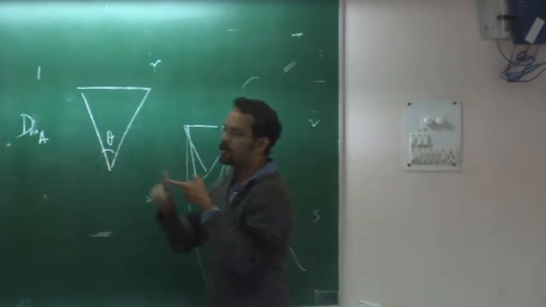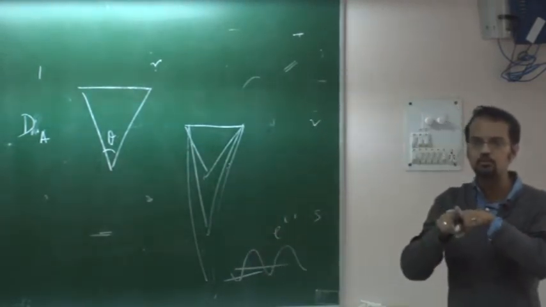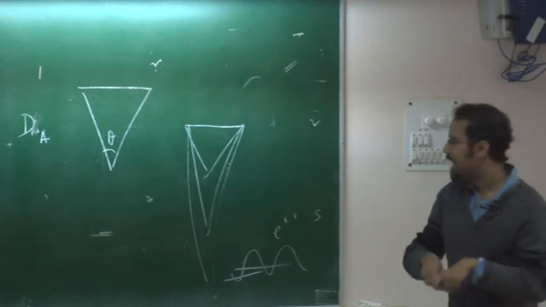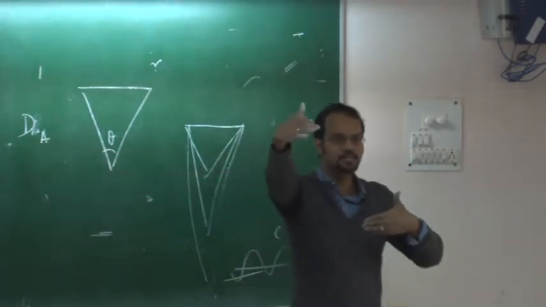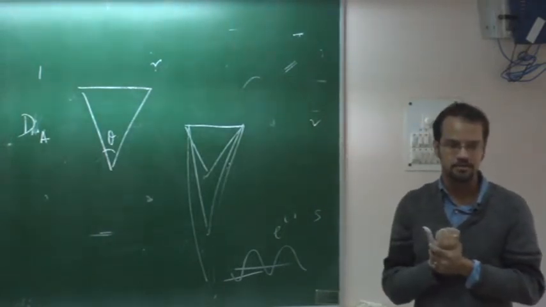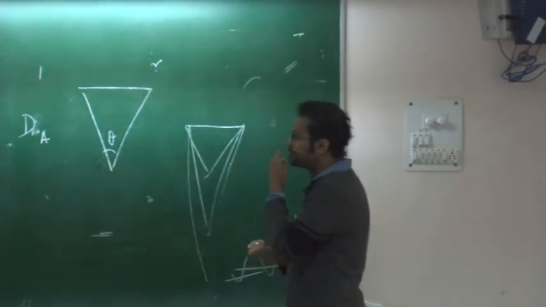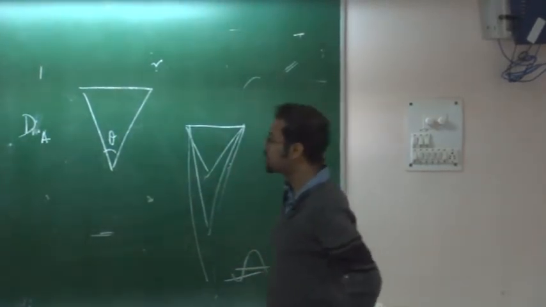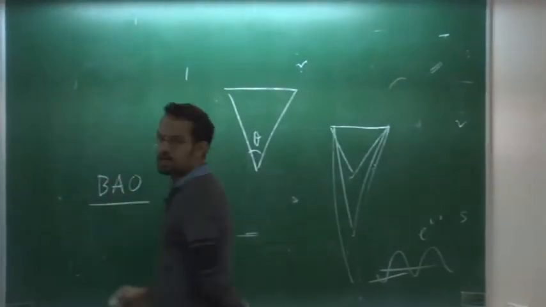People look for the oscillation feature in their observations and they look at what angle they are getting it. And thereby they measure the corresponding angular diameter distance, which they can now measure as a function of redshift, and again thereby constrain cosmology. So that is the method of standard rulers, and this oscillation is basically called BAO, baryon acoustic oscillation.